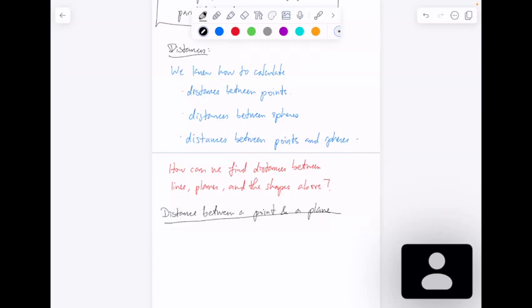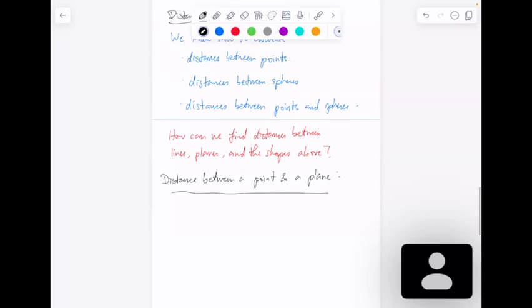Okay, so this really only makes sense when your point is not contained in the plane, right? Otherwise, if the point lies on the plane, then the distance between the plane and the point is 0. So the geometry of this looks like this.